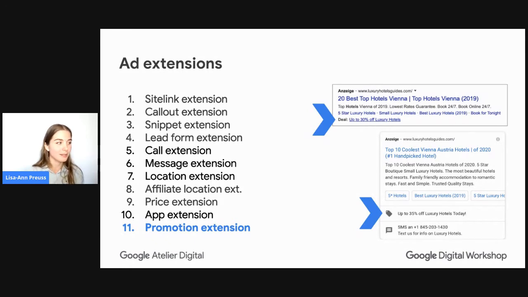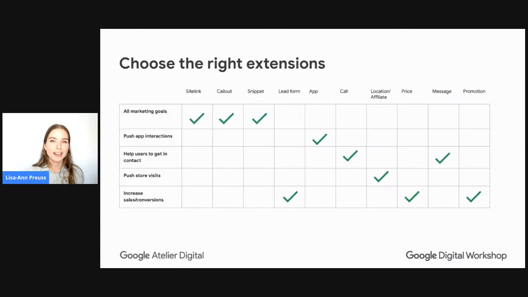And with that said, here's a quick overview for you in case you're wondering which extensions are right. Regardless of your marketing goals, it's safe to say you should definitely add site link, callout, and snippet extensions. For those of you who want to push the app interactions, go ahead and add the app extension.